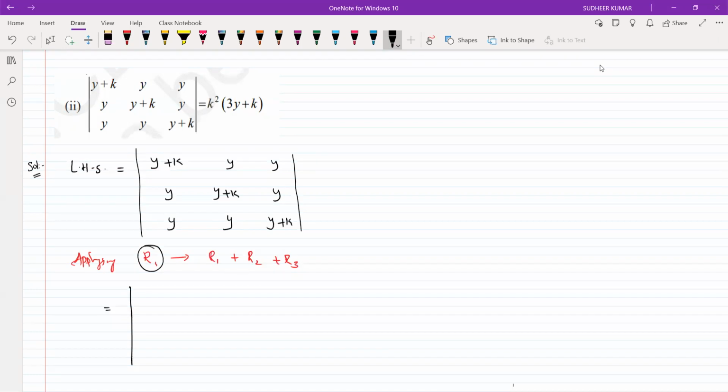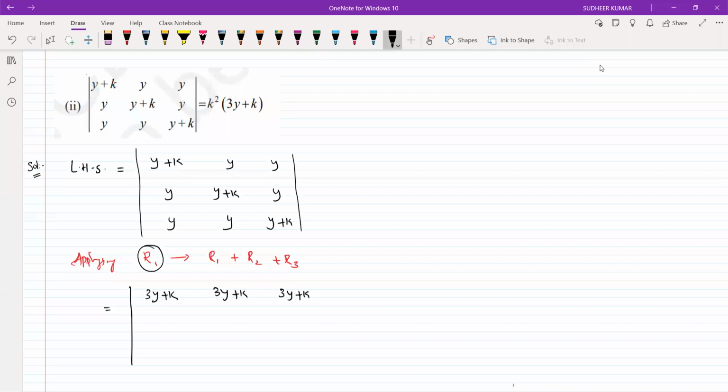So R2 and R3 remain the same. So y plus k plus y plus y: y plus y is 2y, 2y plus y is 3y. So each element in the first row is 3y plus k only. Isn't it? Do you understand it? Yes, sir.